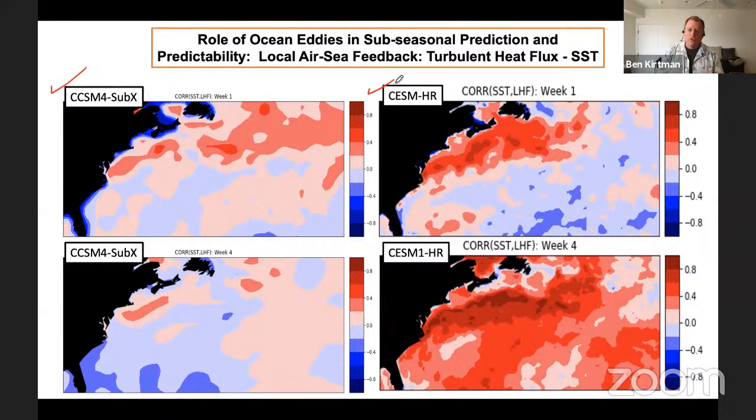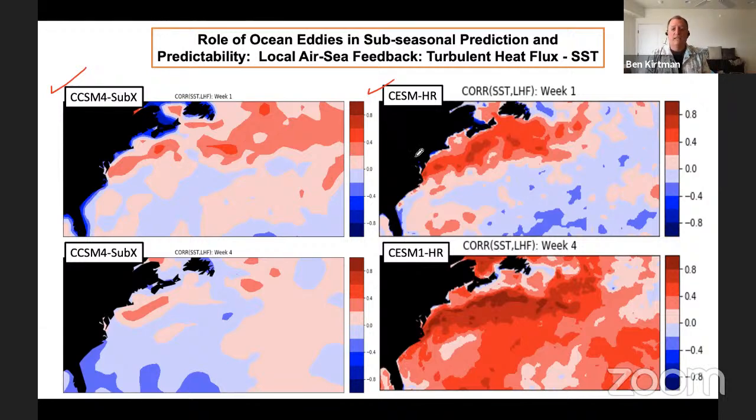We've made a whole suite of them over a 30-year period from 1982 for 30 years. Just looking again at that local correlation between the turbulent heat flux and the SST, which in some sense is a measure of how robustly the ocean is driving the atmosphere when this correlation is positive.